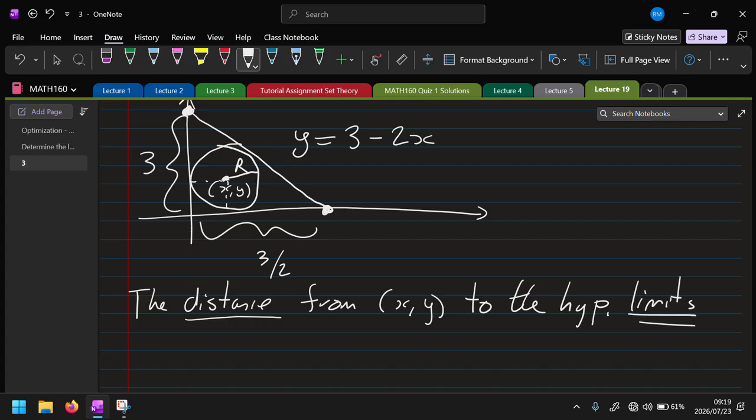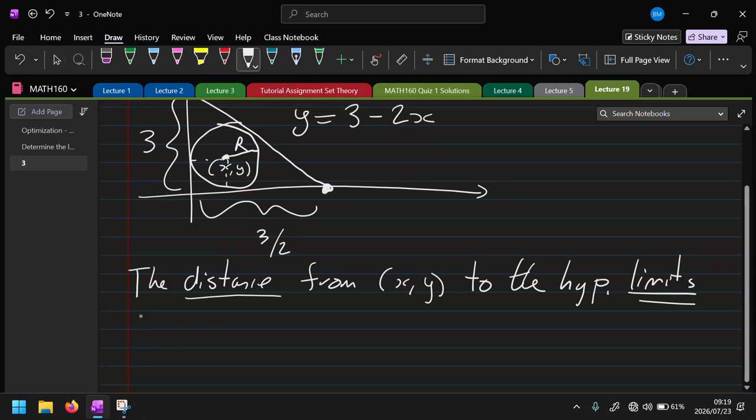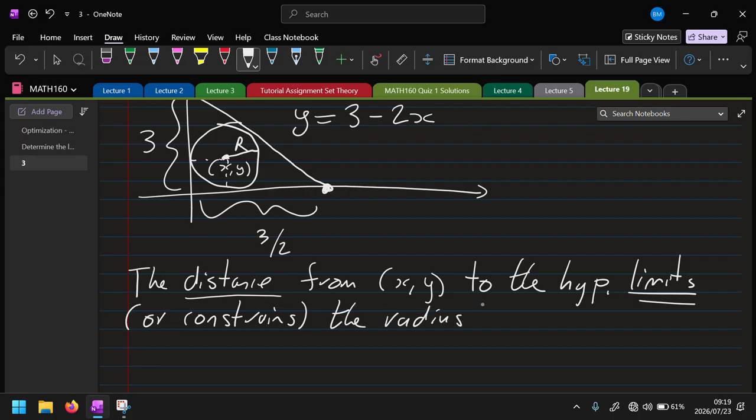The distance from xy to the hypotenuse limits, or constrains, however you want to say it, the radius. So if we find the maximum possible distance, that will give us the maximum possible radius, which will give us the maximum possible area.